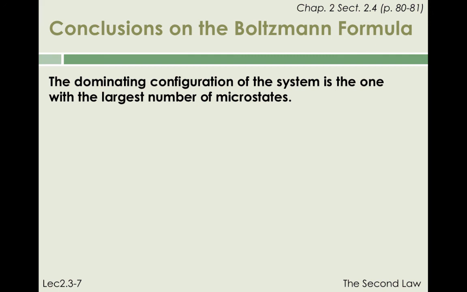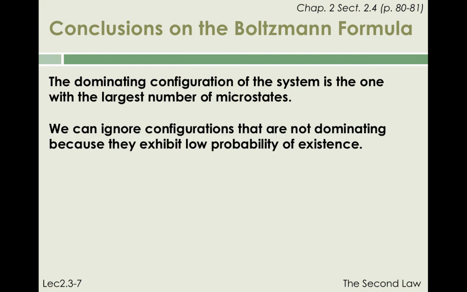This observation also suggests that when describing a system at equilibrium, we often can ignore the configurations of the system that are not dominating, as for instance, the configurations where the number of particles are different in each container.